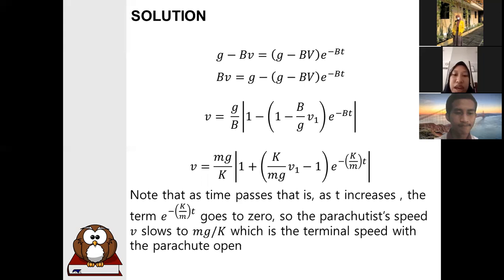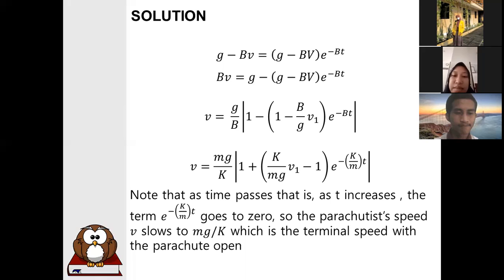So we get v equals g over b times 1 minus 1 minus b over g times v1 times e to the power minus bt. So v equals mg over k times 1 plus k over mg times v1 minus 1 times e to the power minus k over m times t.